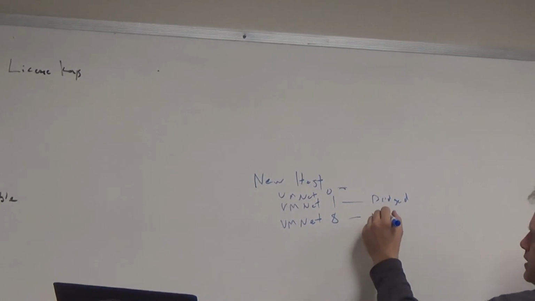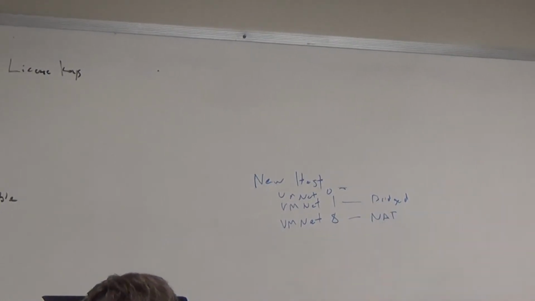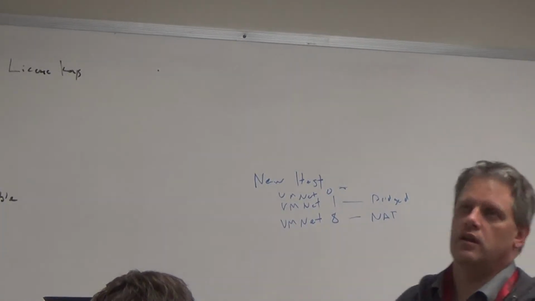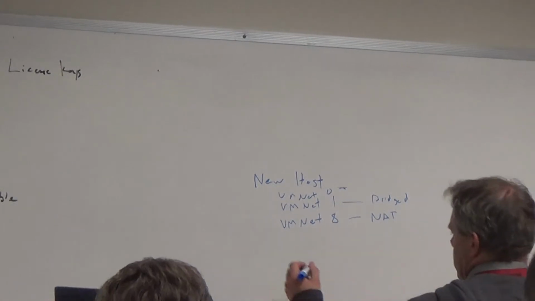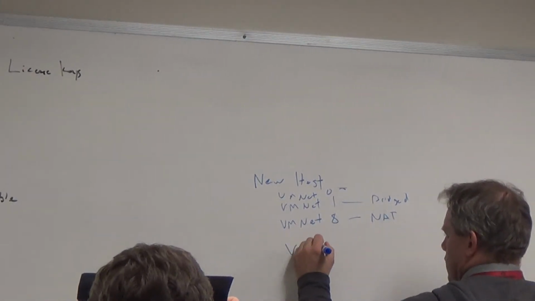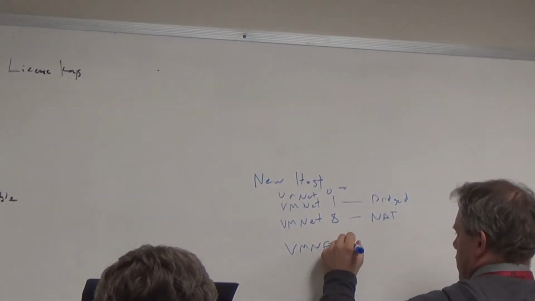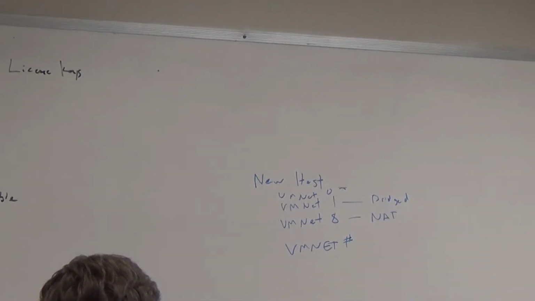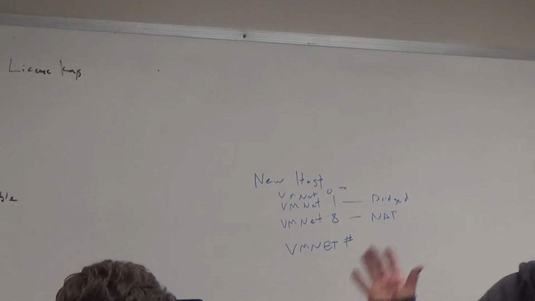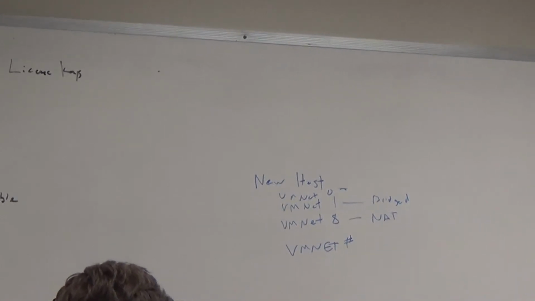VMnet 8 is your NAT connections. You're not going to use either of them. You're going to use the VMware network admin tool. You're going to create another VMnet. I don't care what you call it. VMnet 2, VMnet 3, VMnet 12, whatever works for you. Okay?